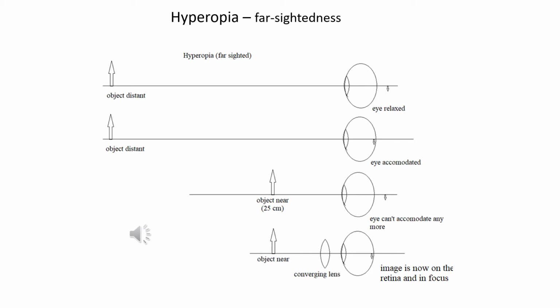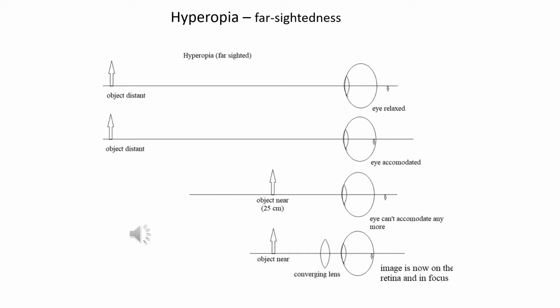So when the eye is relaxed and they're looking at a distant object, it's out of focus because the image is beyond the retina. But in this case, the eye can accommodate, the little muscles squeeze the lens and bring that image onto the retina so it can be in focus. So this person can see distant objects, but they have to work at it to see it. The eye has to accommodate in order to bring that image onto the retina.